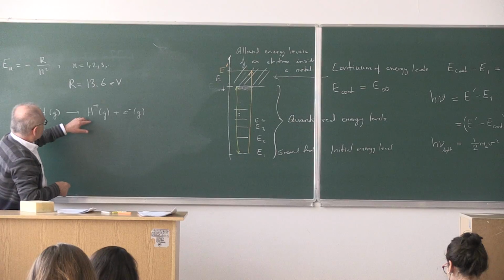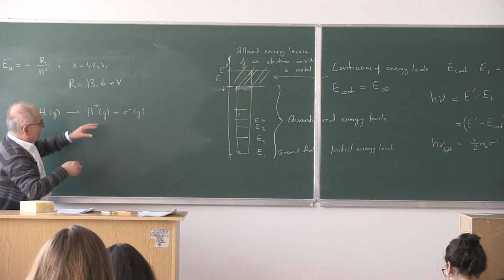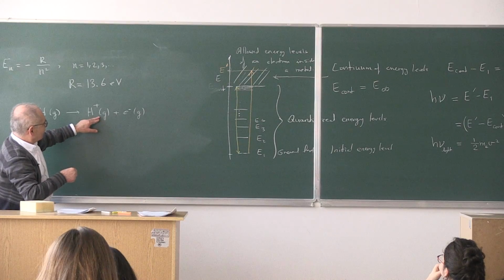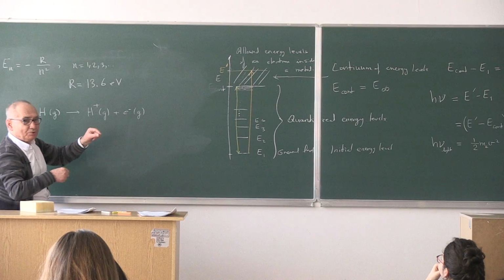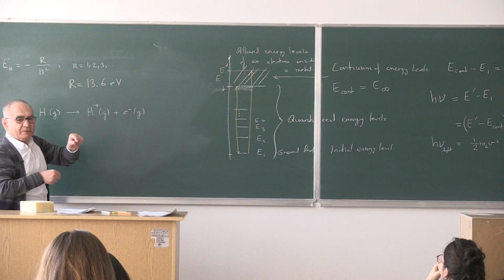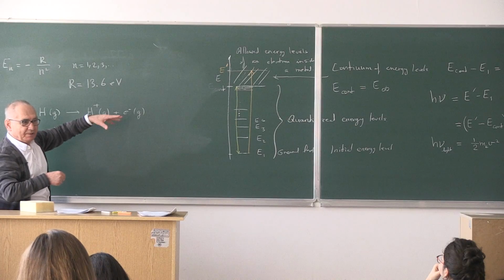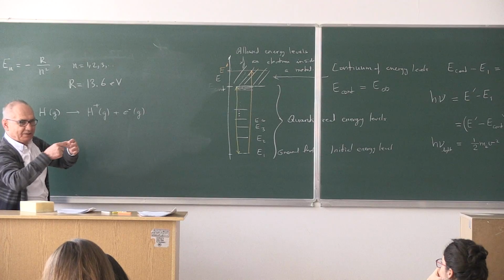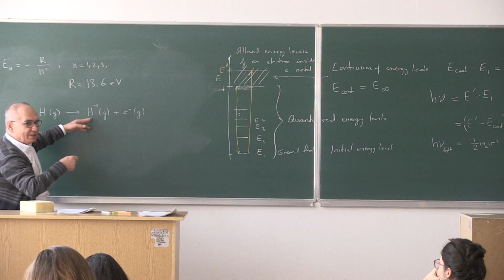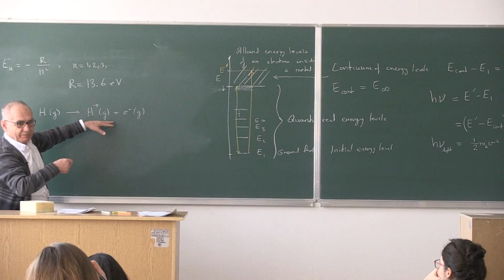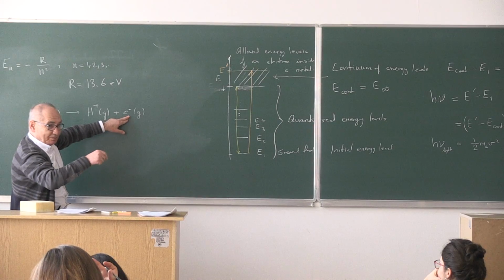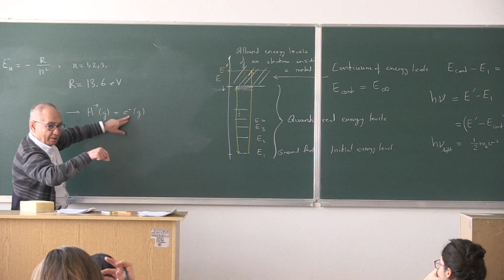Now, the definition also requires that the products should have zero kinetic energy. In other words, we are looking for the minimum energy which is necessary to cause this reaction. That means kinetic energy of the electron will be set to zero.